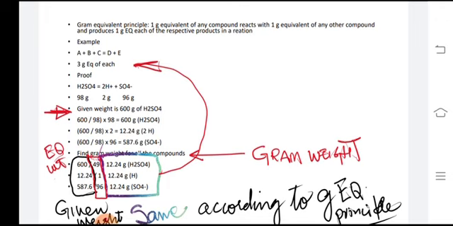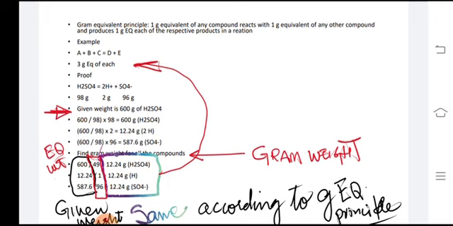We need to differentiate between both. So from this 600 grams of H2SO4, please calculate the given weight of hydrogen and sulfate ions. So how can we do it?